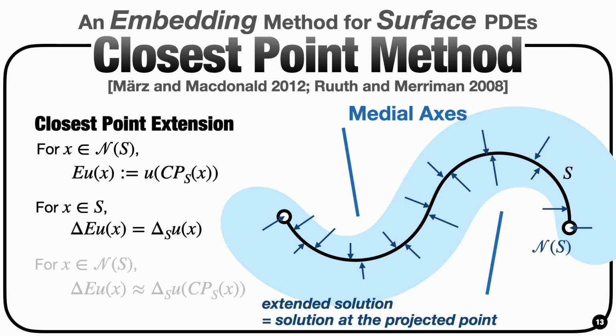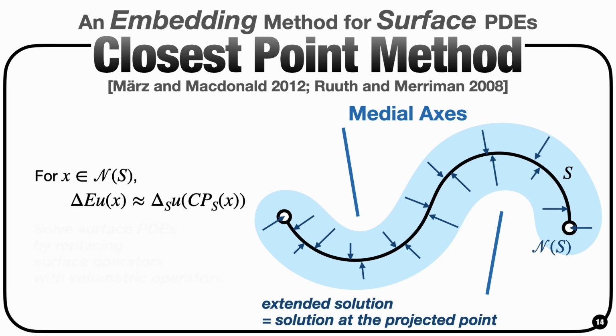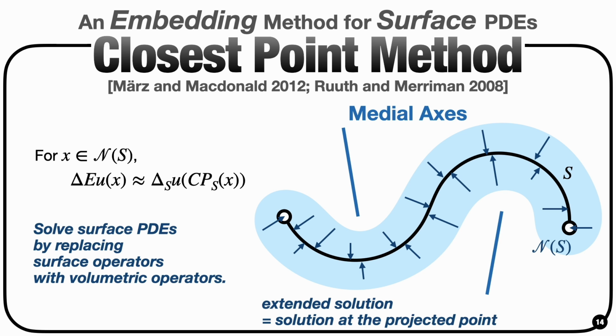More generally, in the neighborhood of the surface, we can also expect this equality to hold approximately. This means that we can solve surface PDEs by replacing surface operators with volumetric operators in the embedding space.